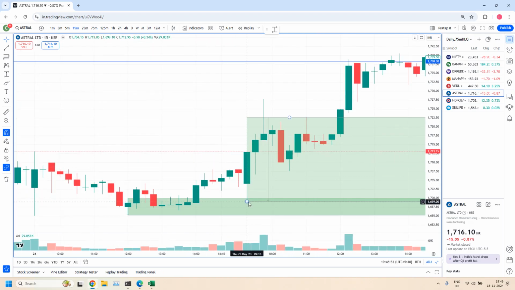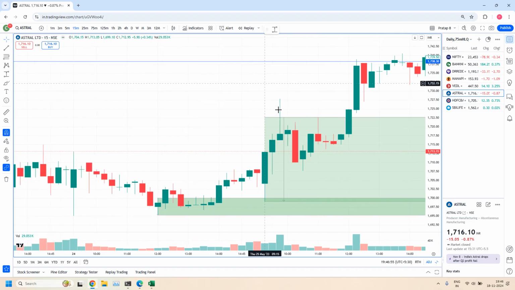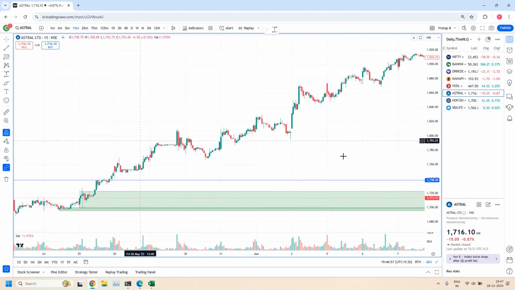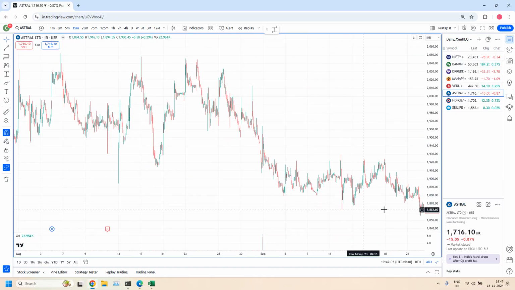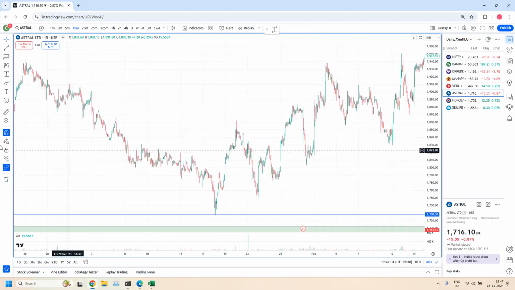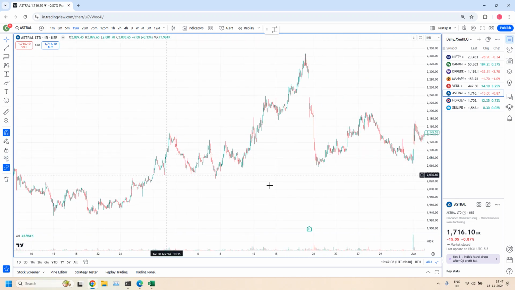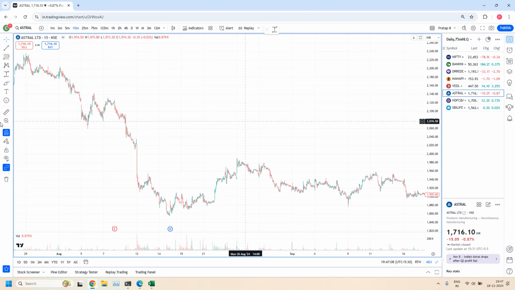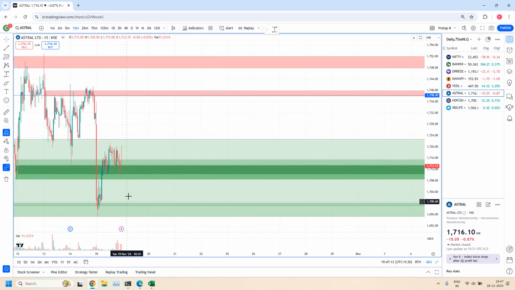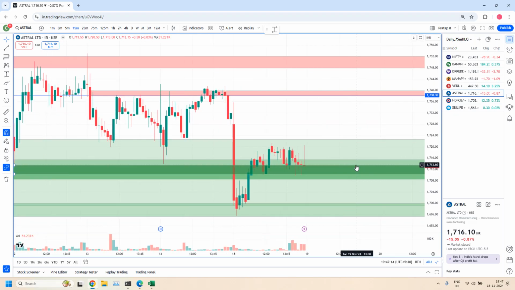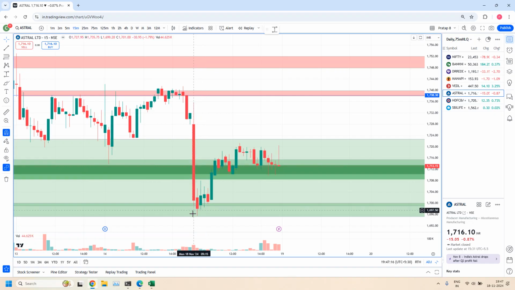And from this area it picked up the orders, this entire HLQ zone is created. See, today prices entered into that area, picked up the orders, and then started moving up and gave a huge profit.